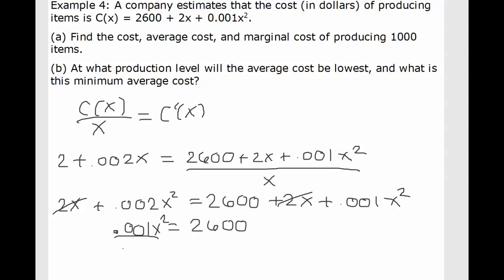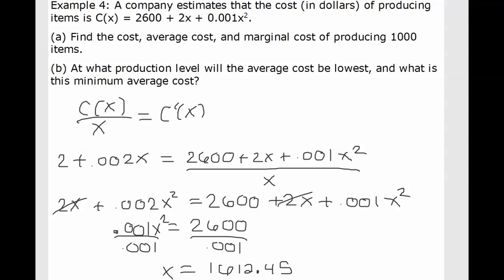So dividing by 0.01 and taking our square root, we get x equals 1,612.45.